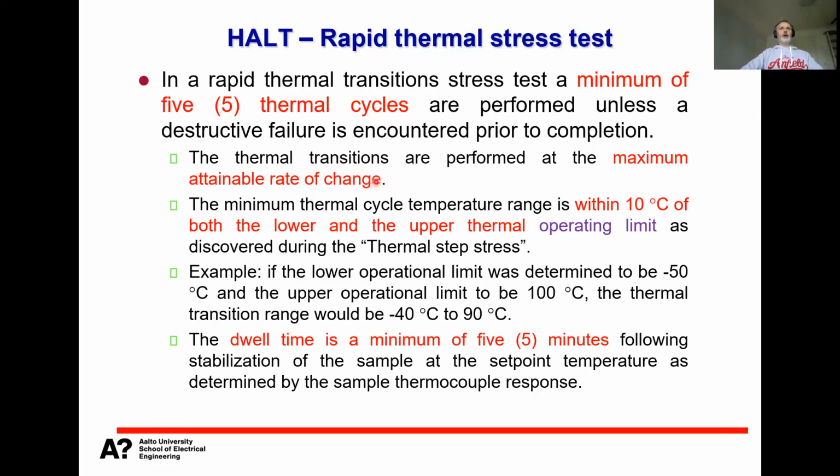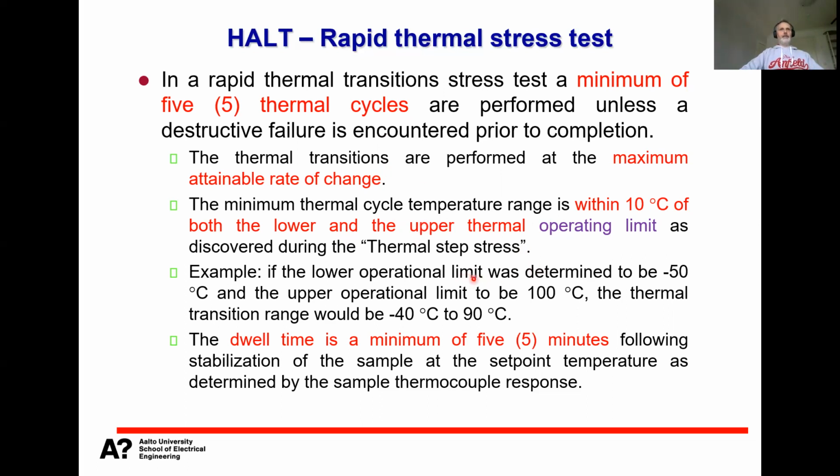But the point was that, okay, as fast as you can, and then how you select the upper testing temperature and lower testing temperature. Now this is defined from the operational limits. So you are within 10 degrees of the lower and upper thermal operational limit.